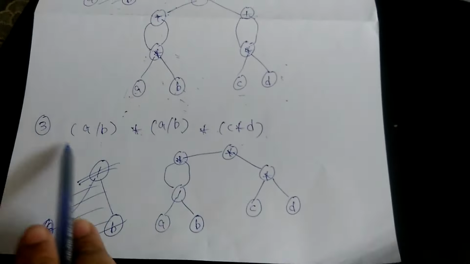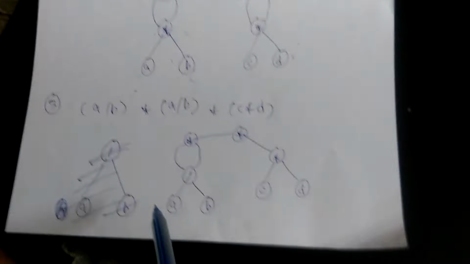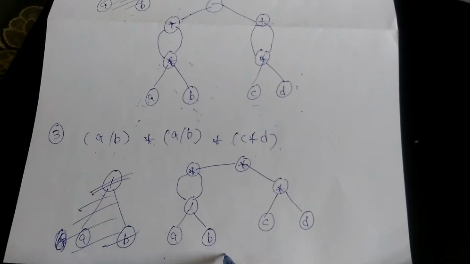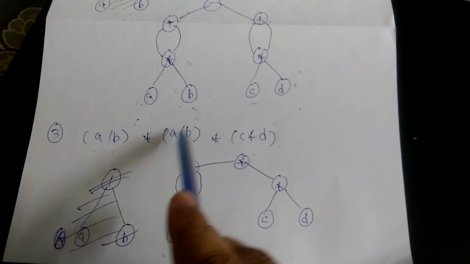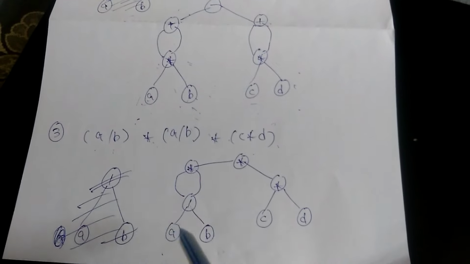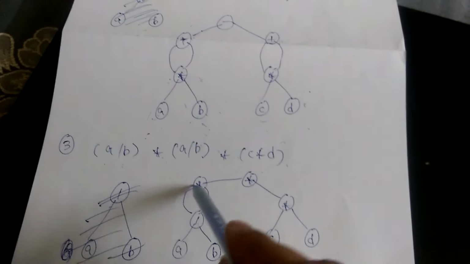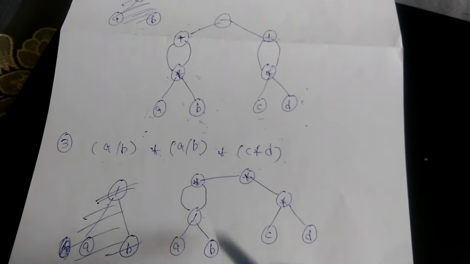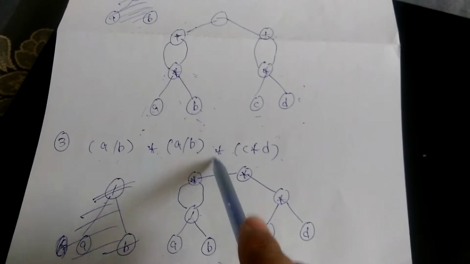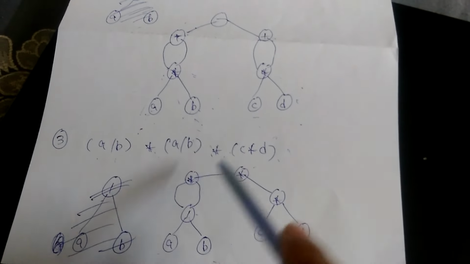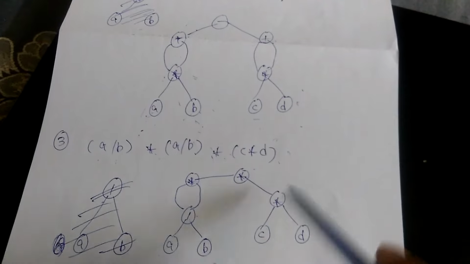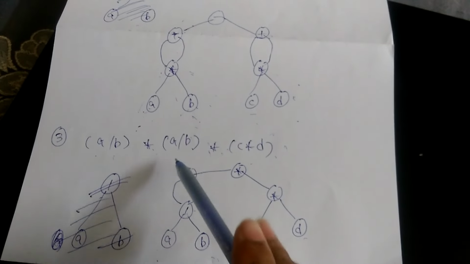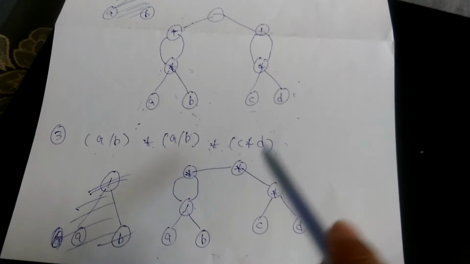First of all we have to solve the brackets. Now a divided by b, and again we have to multiply by a divided by b. So a divided by b is already present, so we will connect it to into, and again a divided by b. Now a divided by b into a divided by b is connected to c into d. So we will construct c into d, and again this bracket is connected to this, so we will connect it through this.